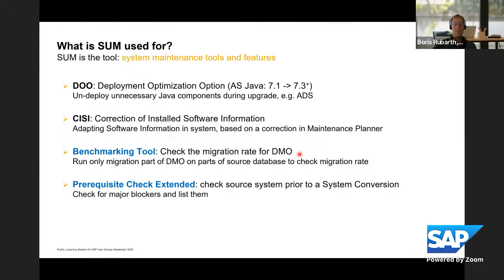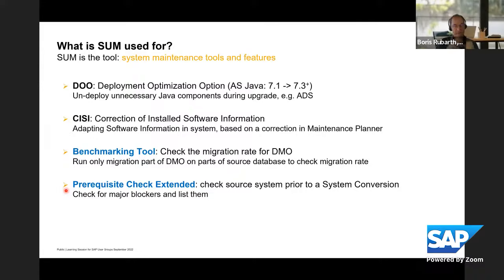Then, again, written in blue, we have the prerequisite check extended. Obviously, a check that checks prerequisites, and that is a check that is relevant mainly for a system conversion. So system conversion, again, you know, source system ERP, target SAP S/4HANA. So there are quite a number of preparations and checks to be done.